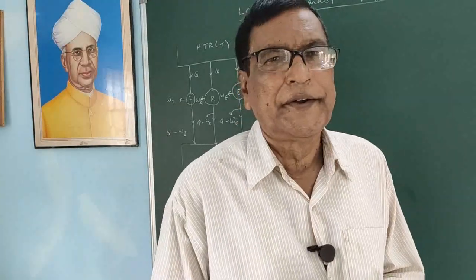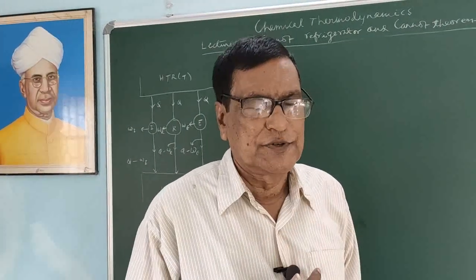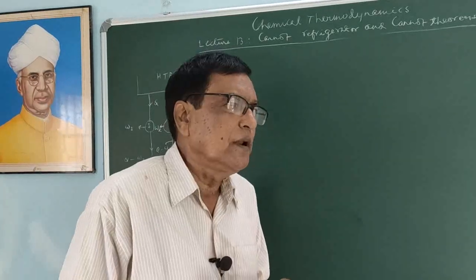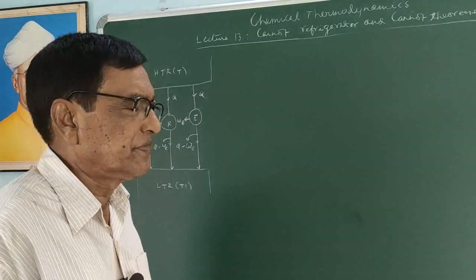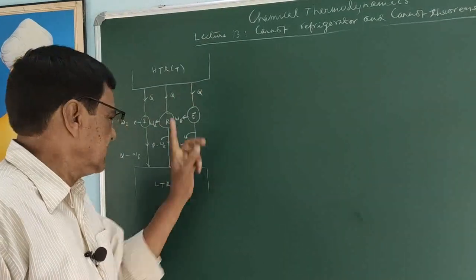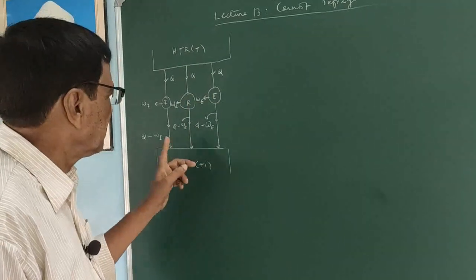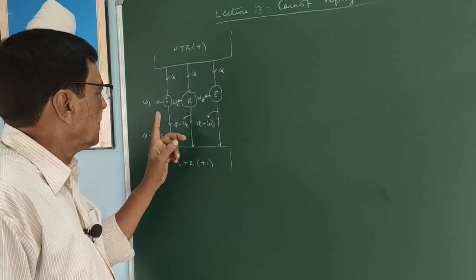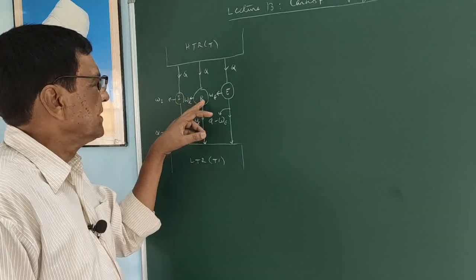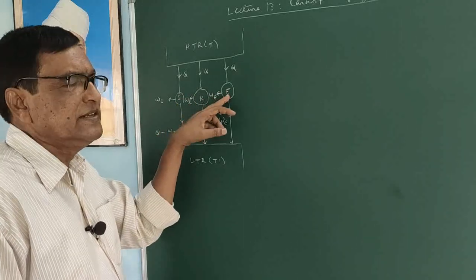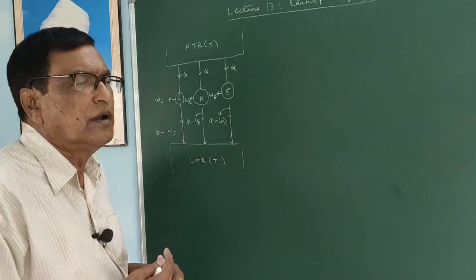Now I am coming to the Carnot theorems or Carnot principles. The Carnot principle is shown in this diagram. This is the HTR, this is the LTR, the same heat source. We are depicting these three engines: one is an irreversible engine, another is a reversible engine, and this one is the engine the automobile engineers are trying to construct.